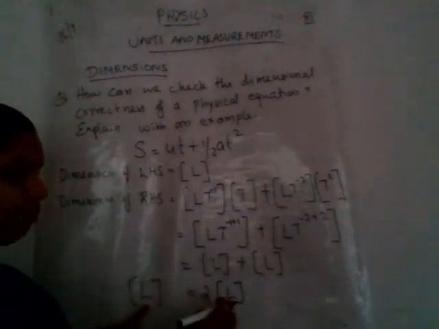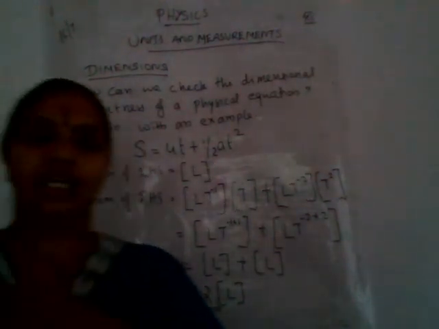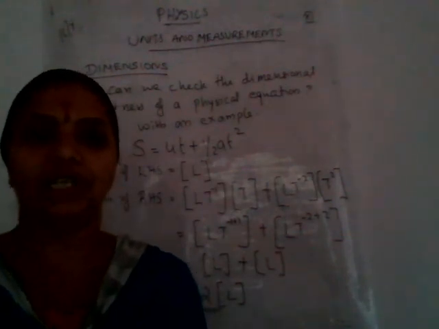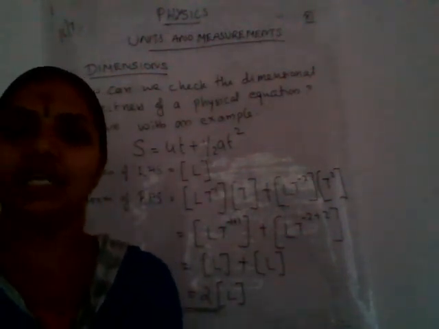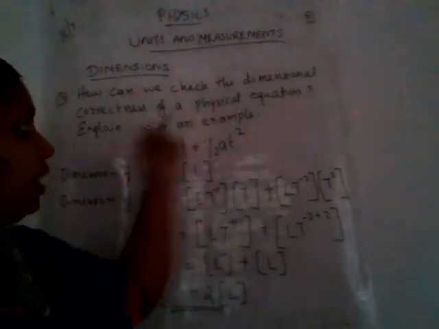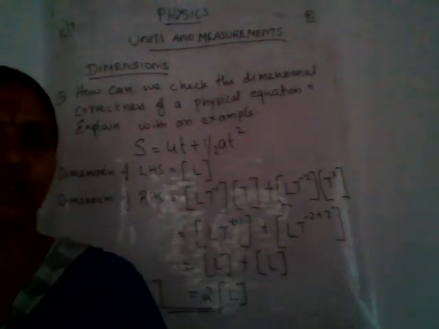So we can write this 2L, 2 no need to consider. So what is the dimension? They are equal, isn't it? So the given relation is dimensionally correct. So here it is one application of this dimensional analysis.